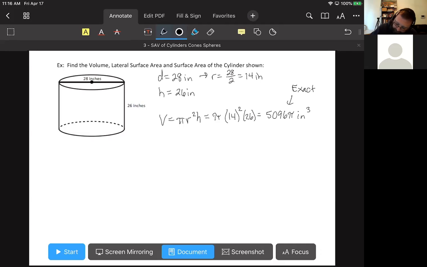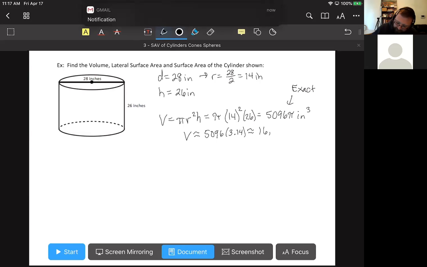Then, if we plug in 3.14 for pi, that will give us an approximate answer. So we do that, and that gives us an approximate answer of 16,001.44 cubic inches, which is going to be our approximate answer.